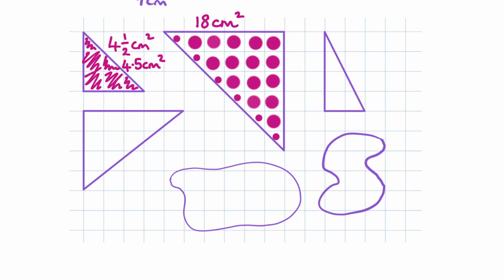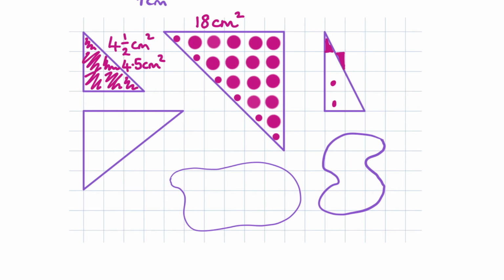So first one, again, I'm just going to put a dot in the whole squares. Well, we've only got 2 whole squares there, haven't we? But if we have a look at the incomplete squares, this bit here is exactly the same as that bit there.